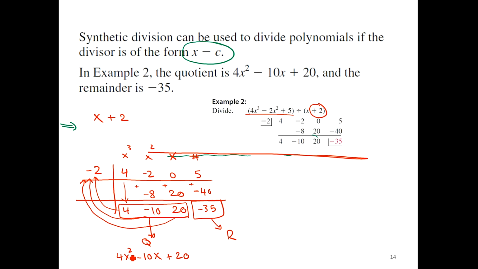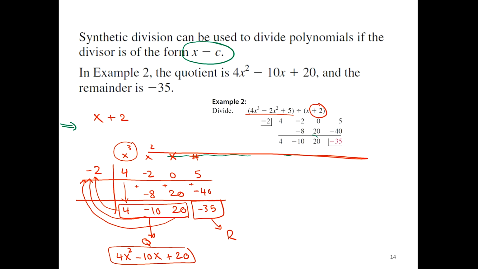Why do we put x squared? Because we have x to the power 3, so the quotient is always less by 1 than the dividend. Okay, so this is the quotient and this is the remainder.